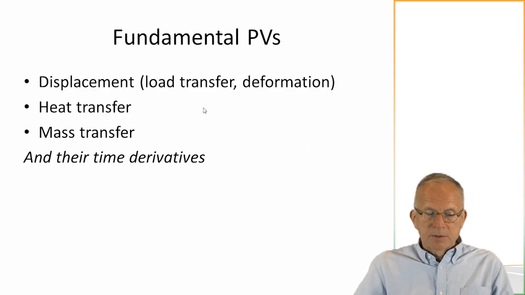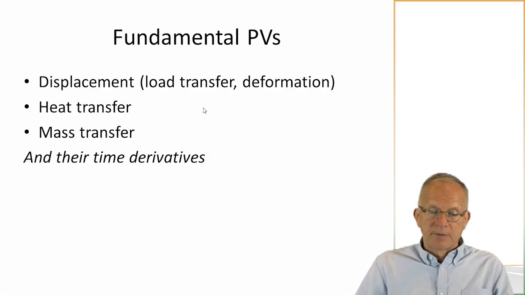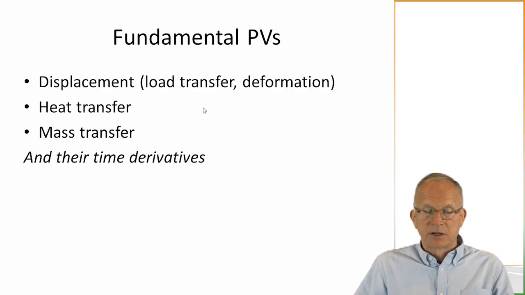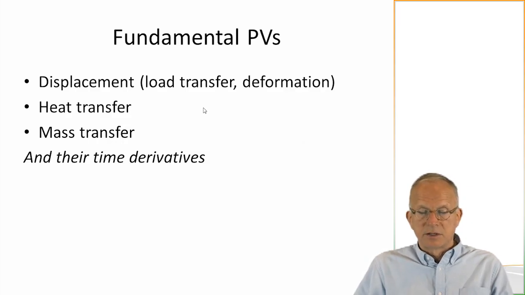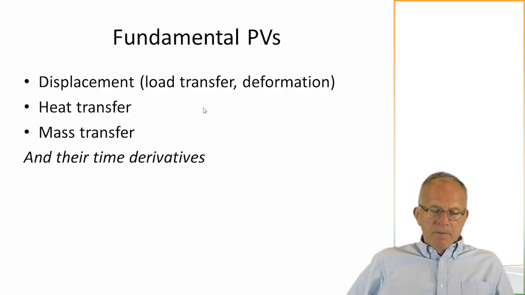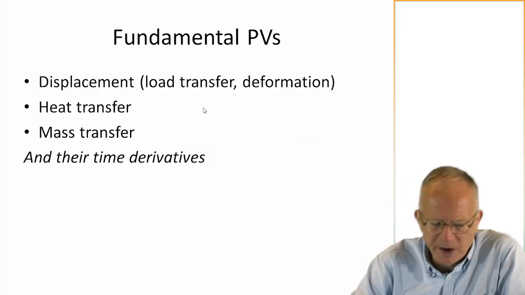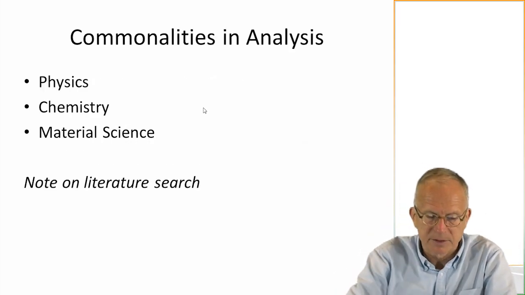So we've got displacement, we've got heat, and we've got compositions for changing. So we could also look at their time derivatives. And so we could look at displacement rate, like velocity, or even the second derivative, the acceleration that is necessary to form some parts. So there we have rate of heat transfer and rate of mass transfer as time derivatives.